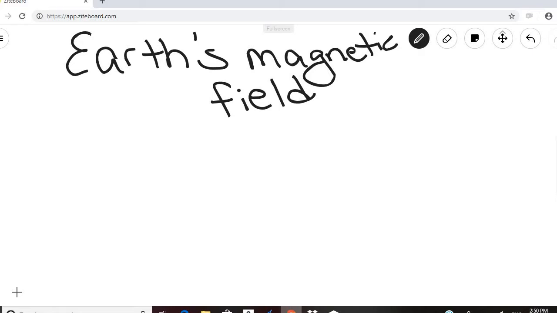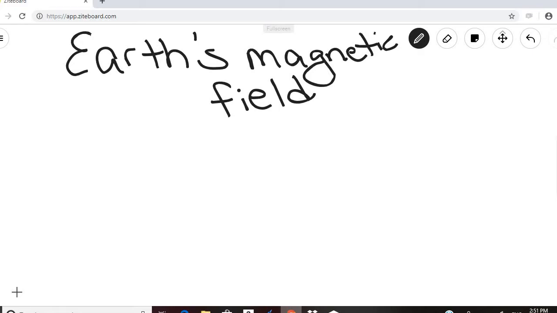The other thing that might be a little bit confusing is that magnetic north is actually the south pole of the magnetic field. Remember that we define the magnetic field as what way the North Pole will point when it is placed into the magnetic field.